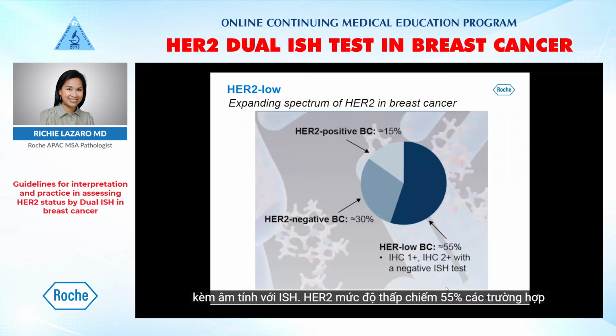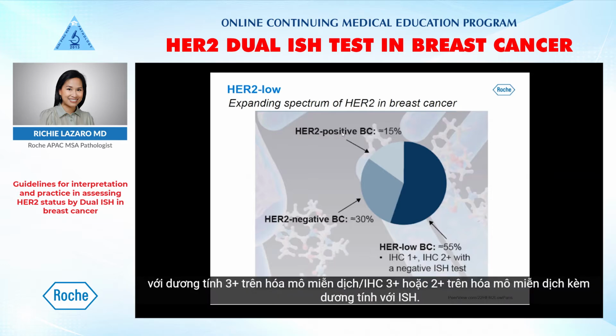HER2 low comprises 55% of breast cases, whereas HER2 negative, which is IHC 0, comprises 30%, and HER2 positive breast cancer comprises 15%, with HER2 positive defined as 3+ IHC or a 2+ with a positive ISH test.